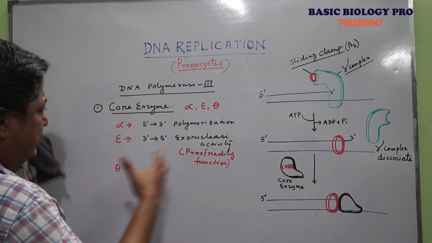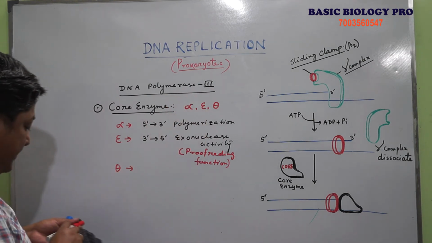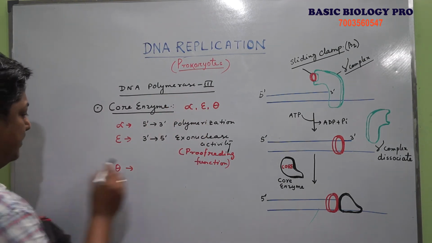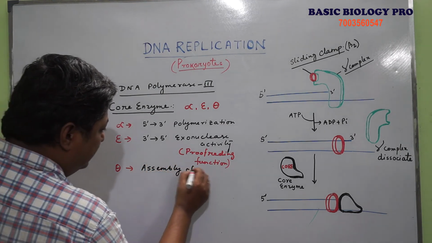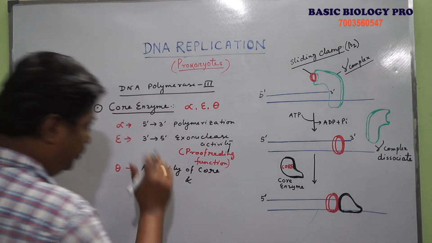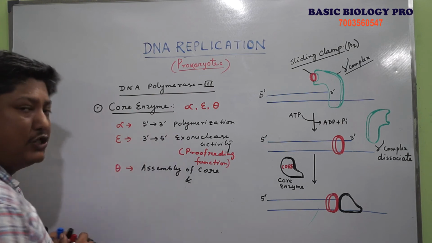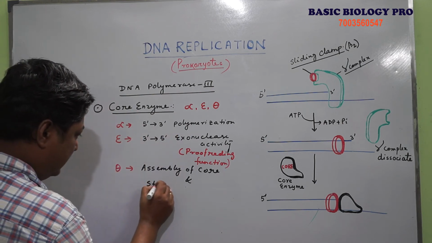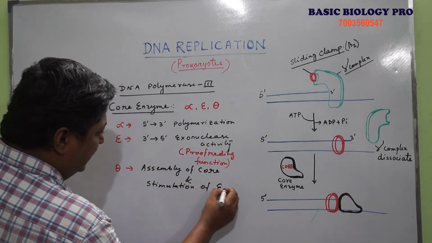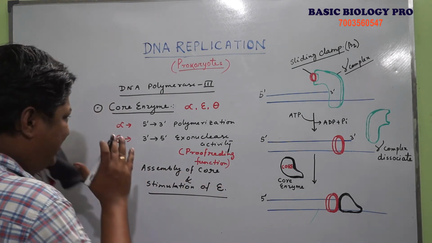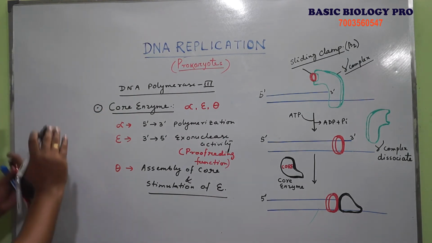That means the formation of this complex of alpha, epsilon and theta. So it is responsible for the assembly of the core and also for the stimulation of the exonuclease activity of epsilon. So these 3 functions are performed by the core enzyme part of the DNA polymerase 3.